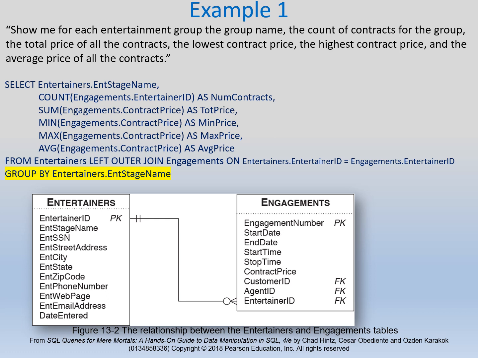So the rows are grouped by entertainer stage name, and that grouping is counted, summed, min, max, and averaged on these columns that you see in the parentheses: count on entertainer ID, sum of contract price, min of contract price, max of contract price, and average of contract price.